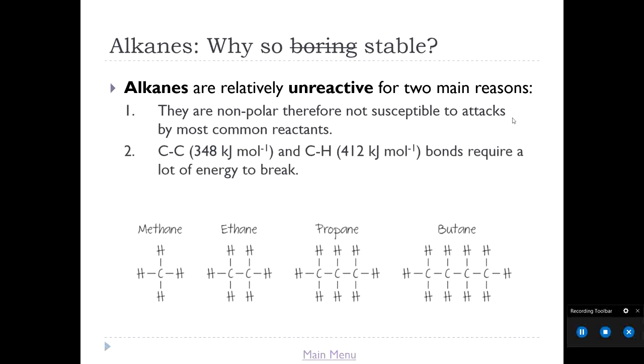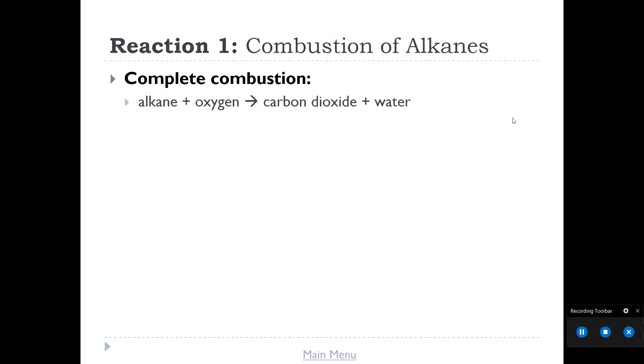Secondly, the carbon-carbon and carbon-hydrogen bonds are actually very strong bonds and require quite a bit of energy to break. You can see their bond enthalpies there in brackets. So for these reasons, alkanes don't undergo a lot of reactions, but there are two in particular that we're going to look at. The first one is combustion.